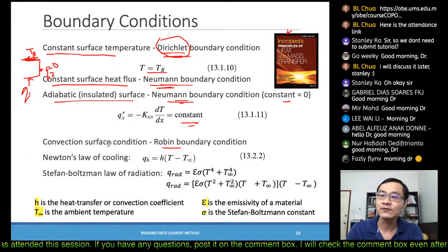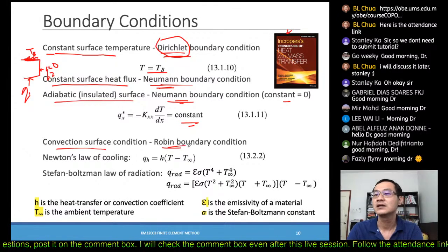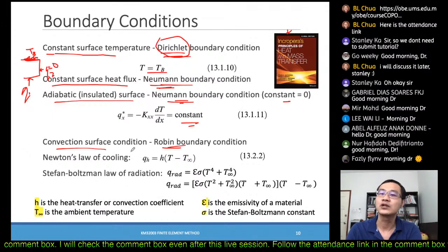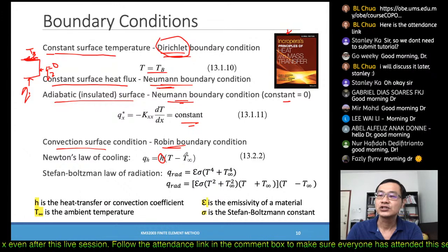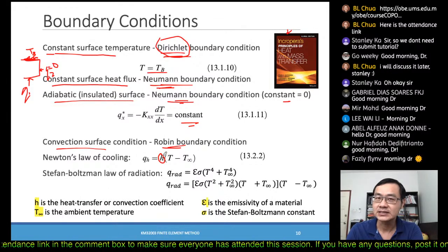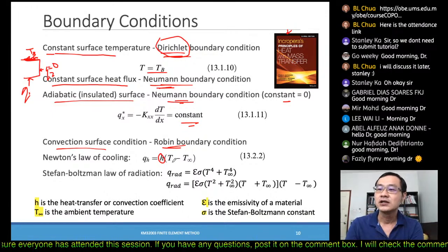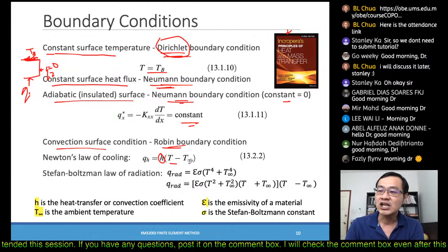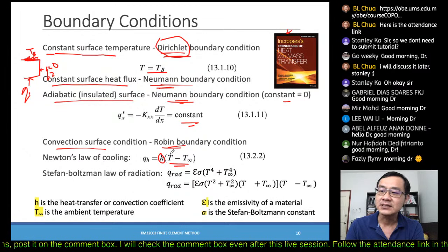The third type will be the convective surface condition, the Robin boundary condition, where they would apply a constant H, which would be the convection coefficient, and it changes according to the temperature difference between the elements.